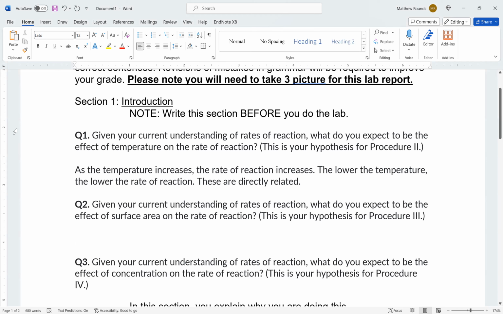That's what happens when you break it up; the surface area increases when you break it up. I'm asking you to say something just like before. As the surface area increases, what happens to the rate of reaction? It also increases. Okay, so could you give a couple of sentences like that here? Okay.